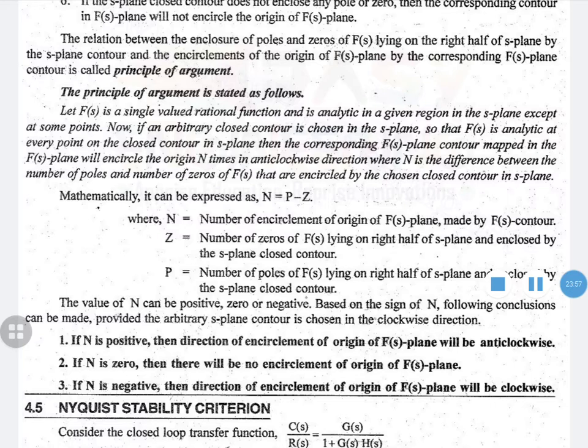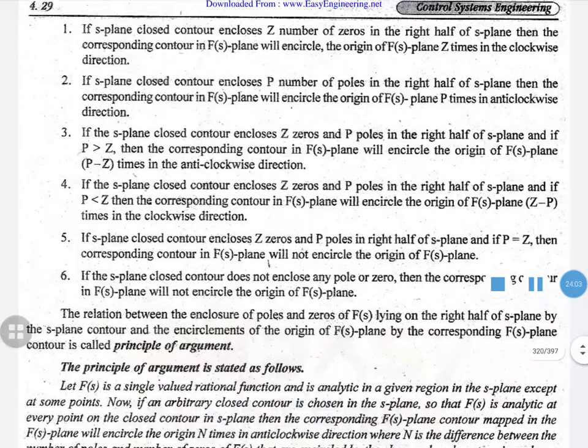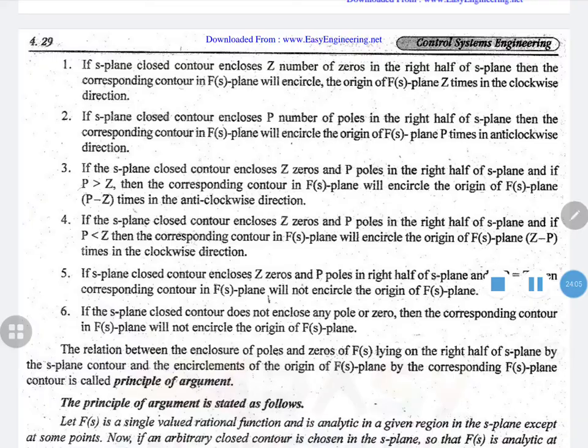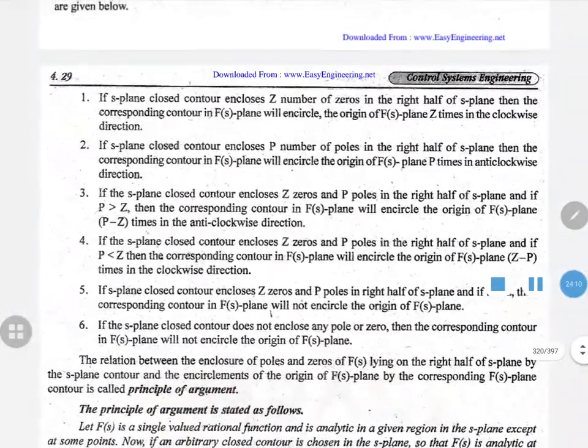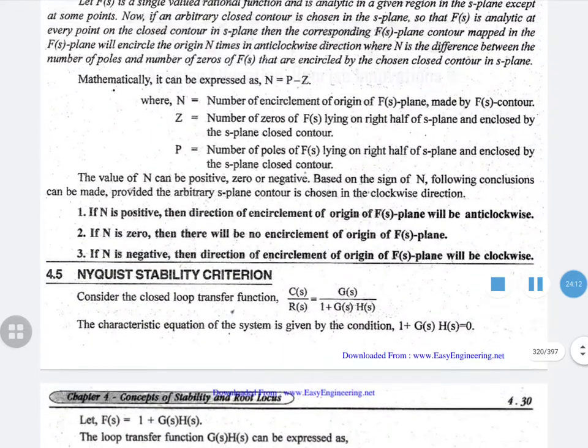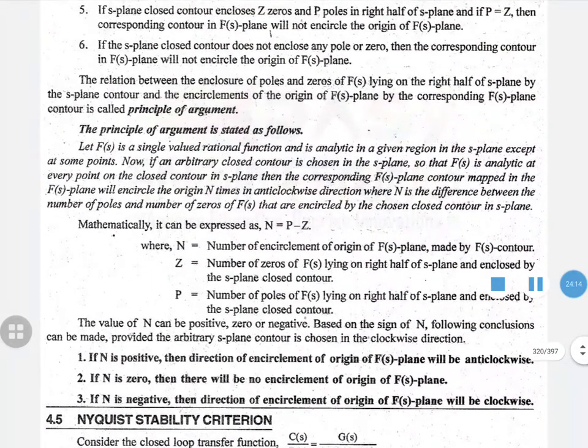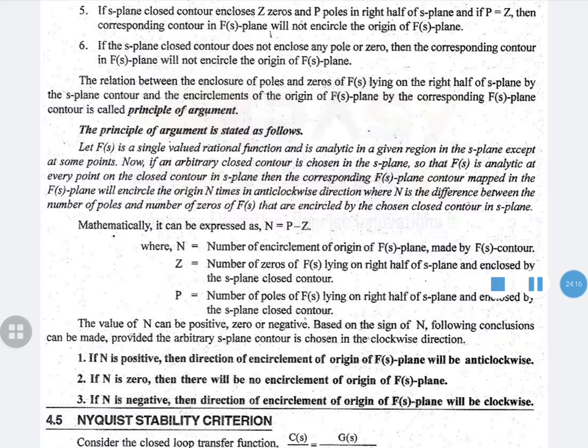N is positive in the sense P is greater than Z, as you have seen in the third case, where P is greater than Z, so anti-clockwise direction. Logically N is equal to P minus Z, so if N is positive, the number of poles is greater, so obviously the encirclement of the origin will be in the anti-clockwise direction.